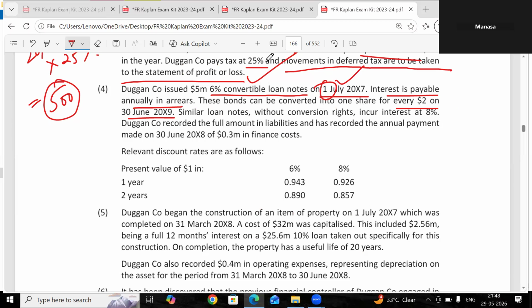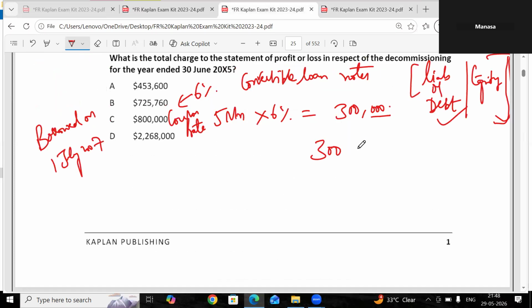So all these benefits they have. So of course, the loan notes issue will definitely attract some premium payments. We will see how much extra these people are paying. Are you understanding, Mansa?